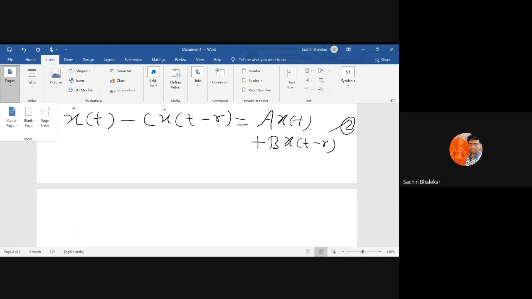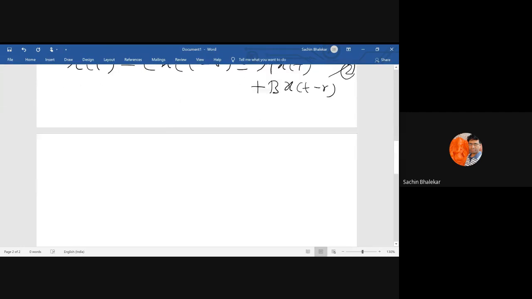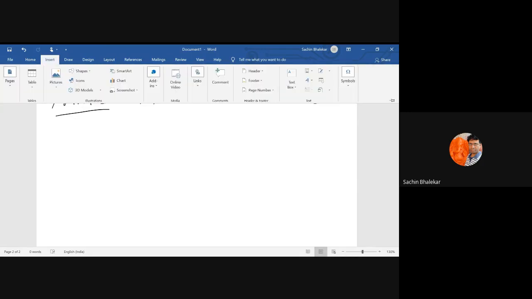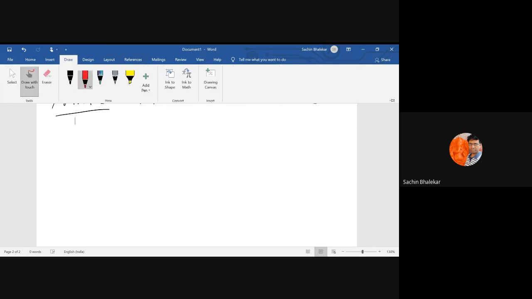Theorem 1. So this theorem actually defines the solution of this equation. If c is not equal to 0 and phi is a continuously differentiable function, C1, on the closed interval minus r to 0.